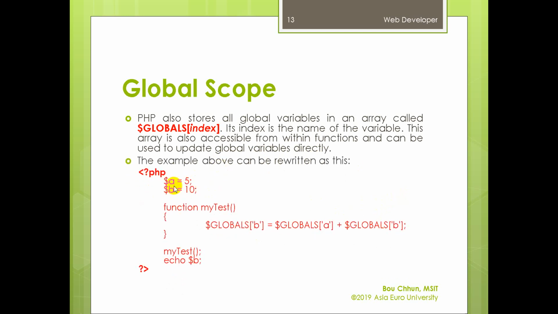When you declare A and B in the global PHP script and in the function my test, you can use the globals array with the variable name as the index, the same way, and then you call my test and output variable b to test your variable.